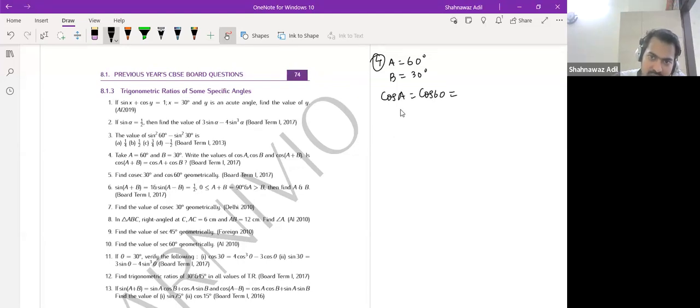The values, some specific values of cos or all the trigonometric ratios. So cos B is cos 30, and then cos of A plus B is cos of 30 plus 60, right? So cos 90.